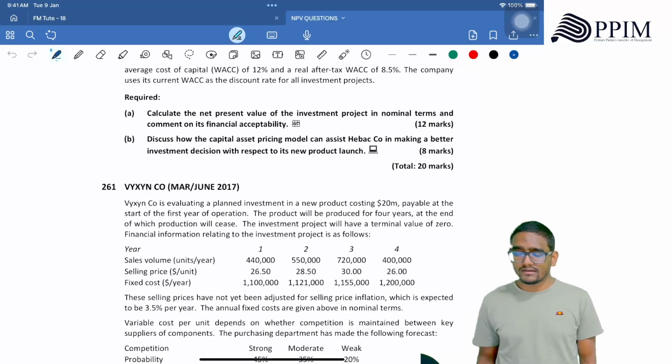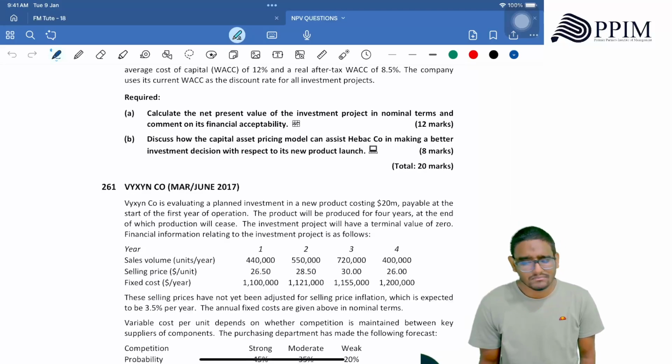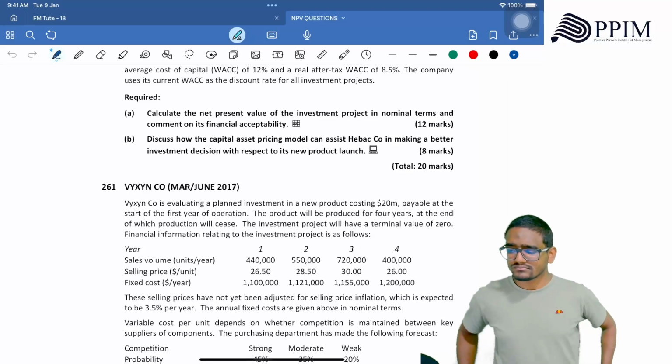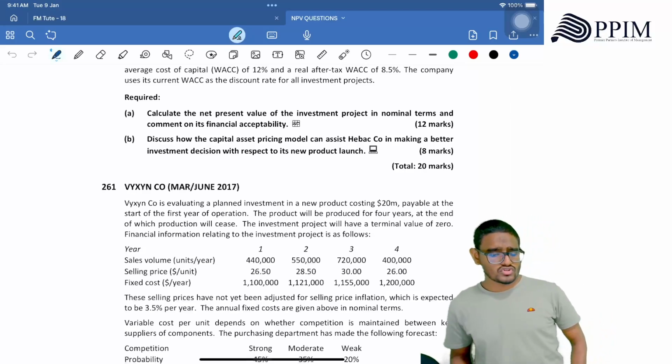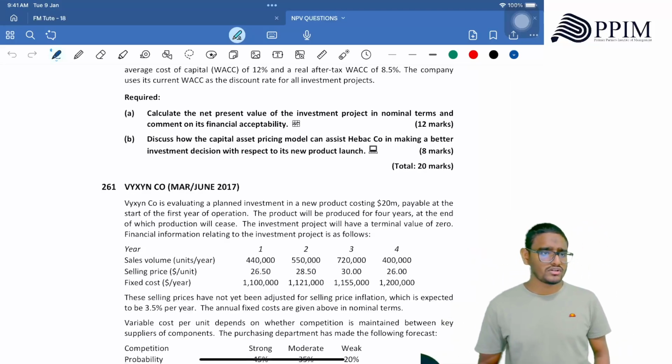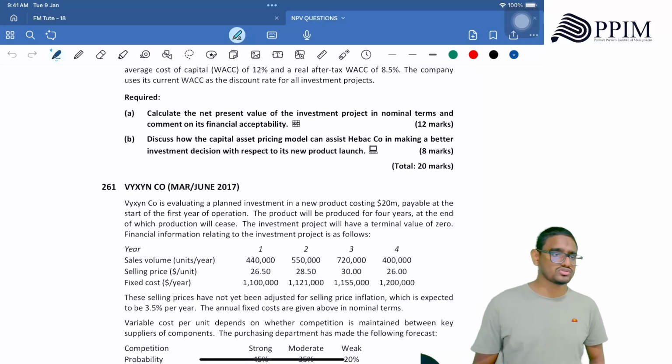Now, when you say capital asset pricing model, what do you think we should mention here? See, there's 8 marks, so you need to mention 4 points into 2 marks each, or 3 into 3 or something like that. Just to ensure that you get somewhere close to the 8-9 mark.